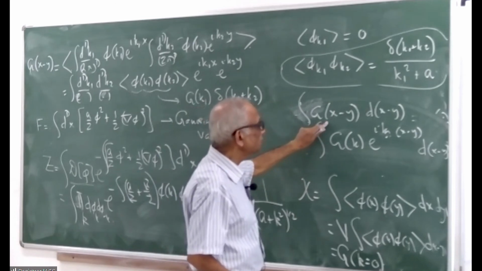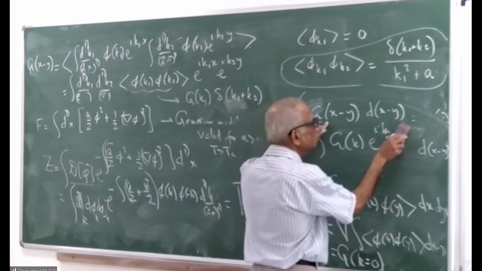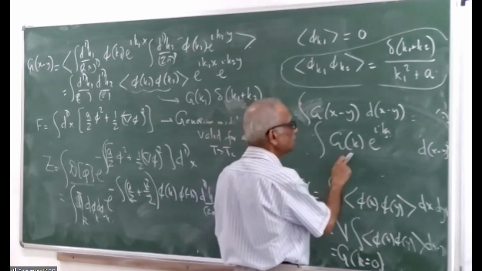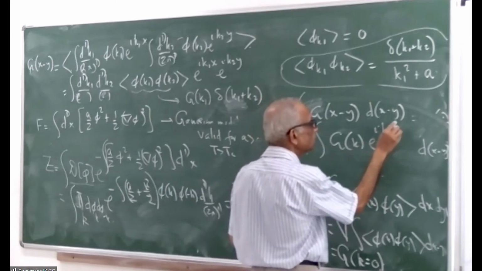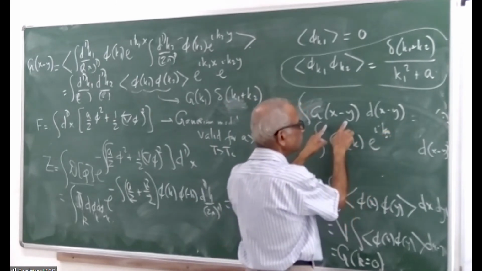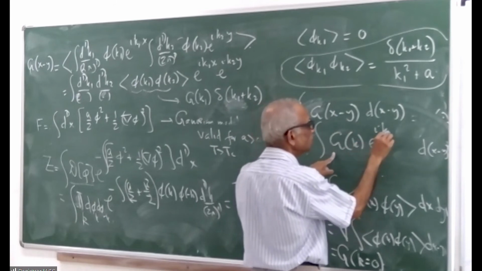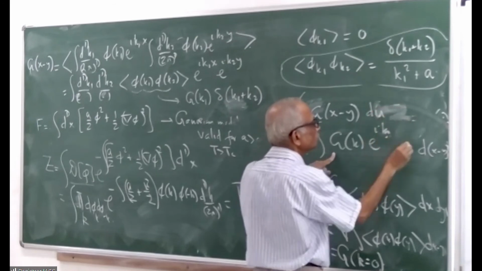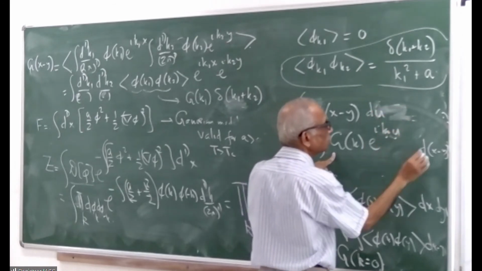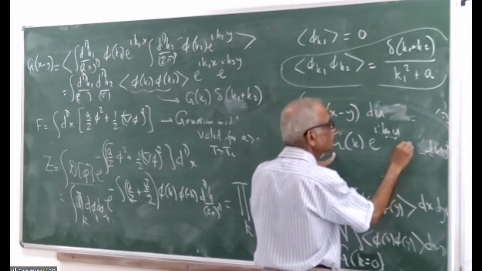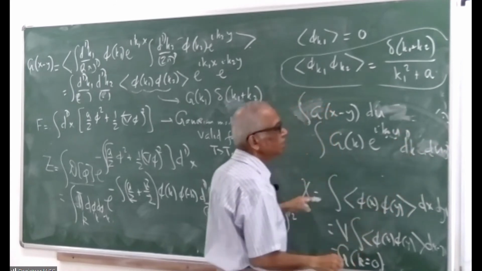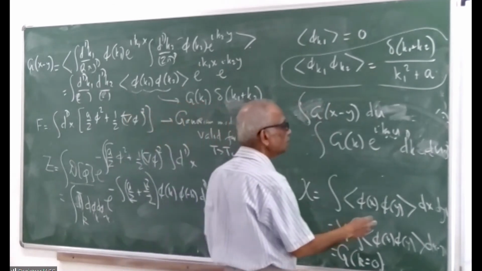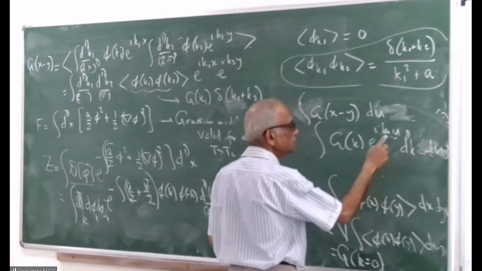Let me call x minus y equal to u, so it is g k e to the power i k dot u, with du, and there is the d-dimensional k coming from over here, and then you do the integral.